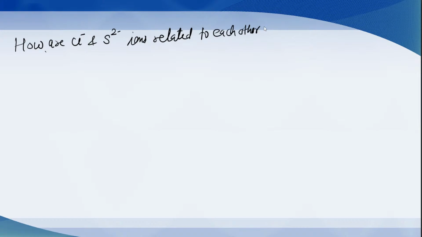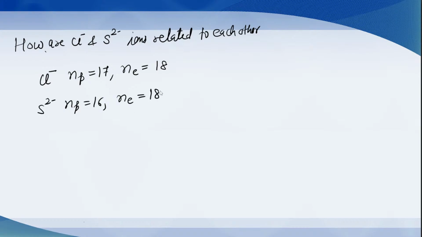So in these two ions, in Cl negative, the number of protons is 17 and the number of electrons is 18. In S2 negative, the number of protons is 16 and the number of electrons is 18.